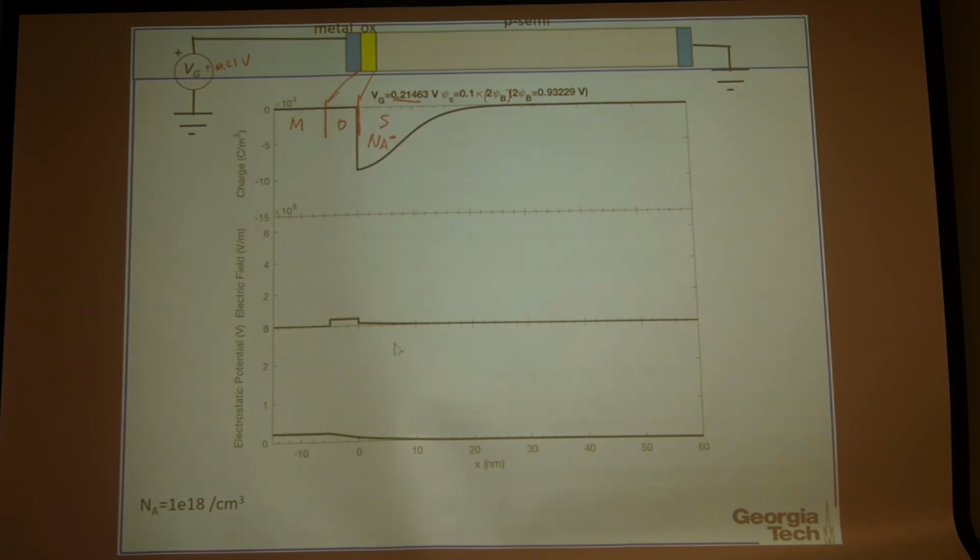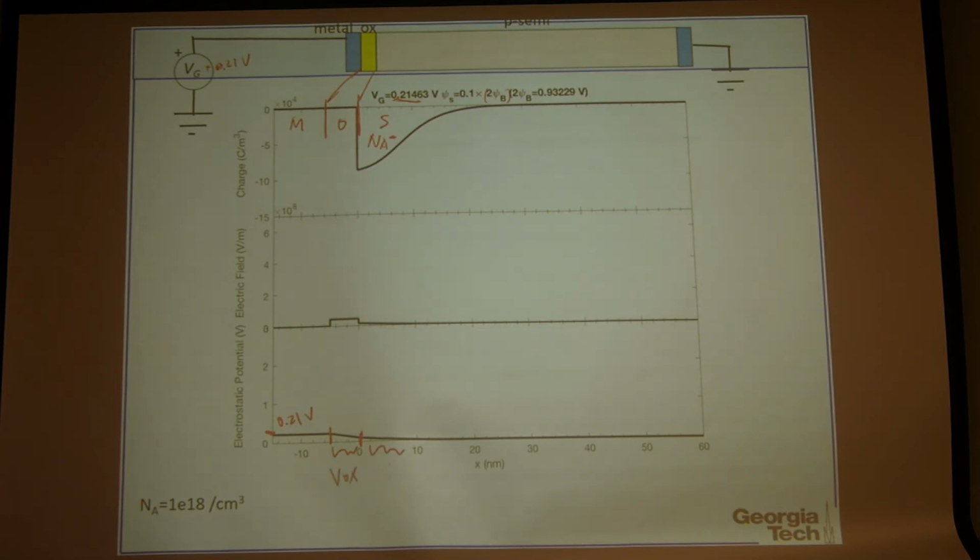And then you see the electric field a little bit here, because now the voltage is kind of small. And then the voltage drop. This is this 0.21 volts. And this voltage will drop, because as we said, this gate voltage has two components.